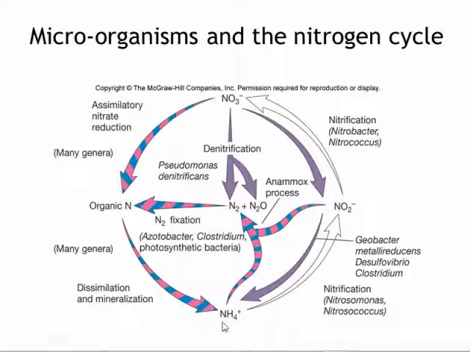Here, the ammonium is the electron donor, oxygen is the electron acceptor. If things are going the other way around, then the nitrate is the electron acceptor. What's the electron donor? It's not on the diagram. But the bacteria, with no oxygen, use nitrate as the electron acceptor.